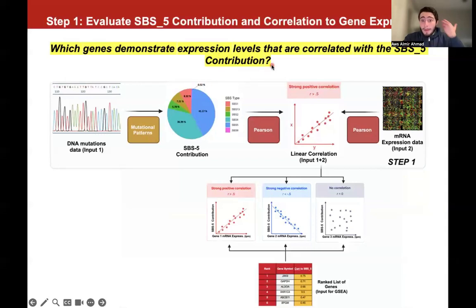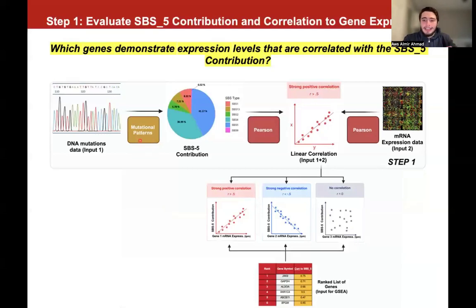Now, as you may remember with the lung adenocarcinoma patient example, we will also in this case be analyzing the mutational data of 101 cancer patients using a mathematical code called MutationalPatterns.